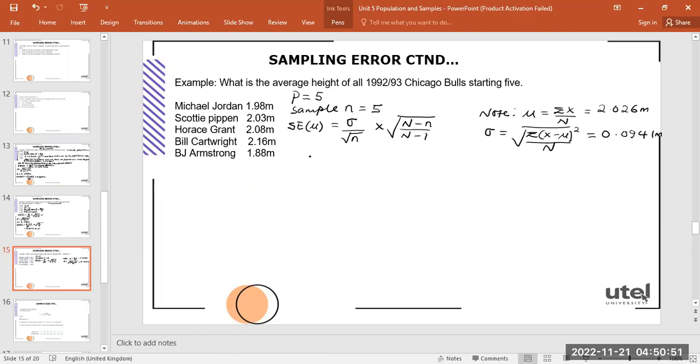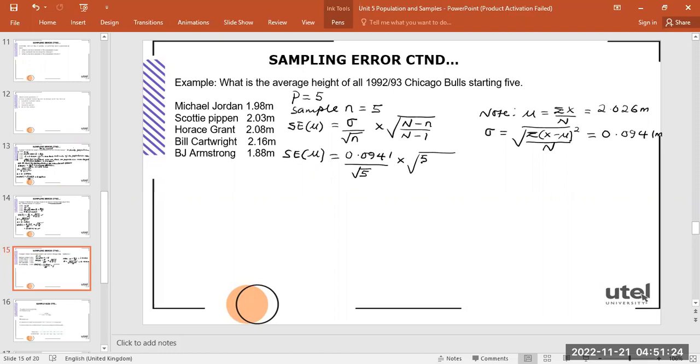Now, this implies that if we plug that in, the standard error of the population mean is simply going to be our standard deviation, 0.0941, divided by the root of n, which is 5, multiplied by the root of capital N minus small n divided by capital N minus 1.